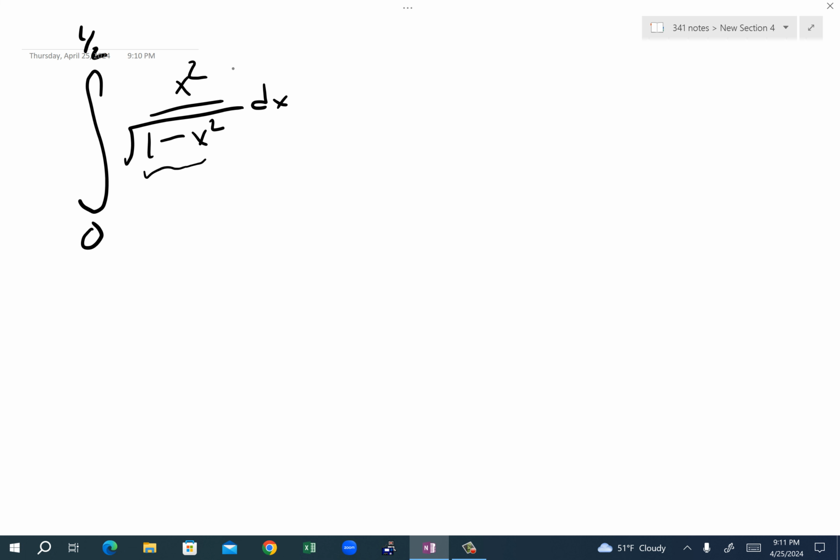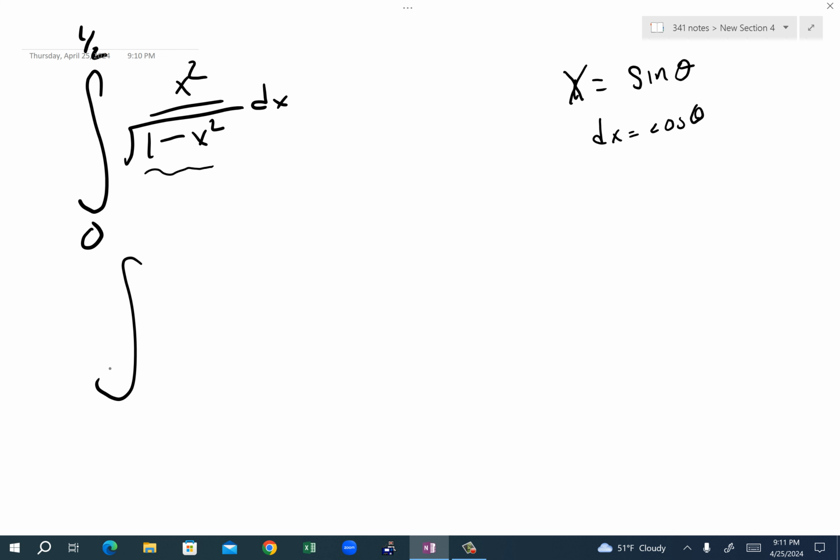Not so fast. This is not du. Oh no, what will I do? We're going to use trig substitution. Because it's of this format, where a is 1, you're going to let x equal 1 sine theta, and dx will equal cosine theta d theta.